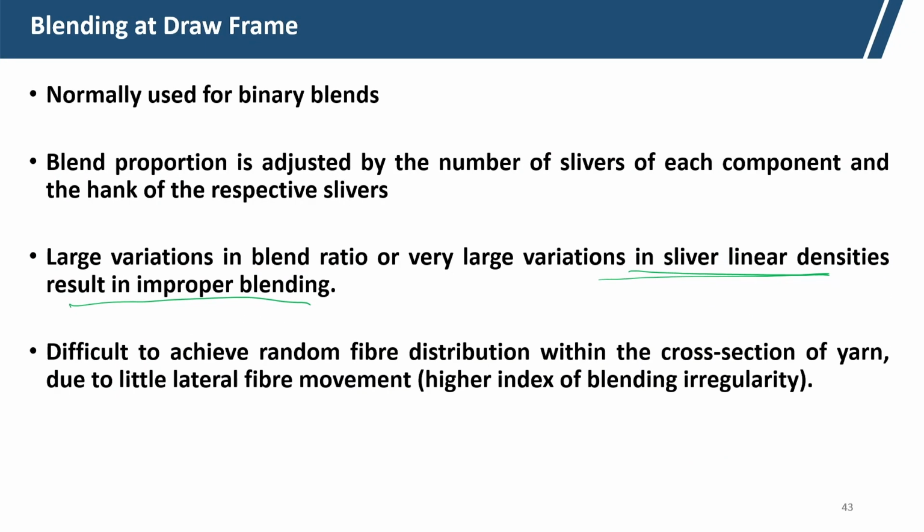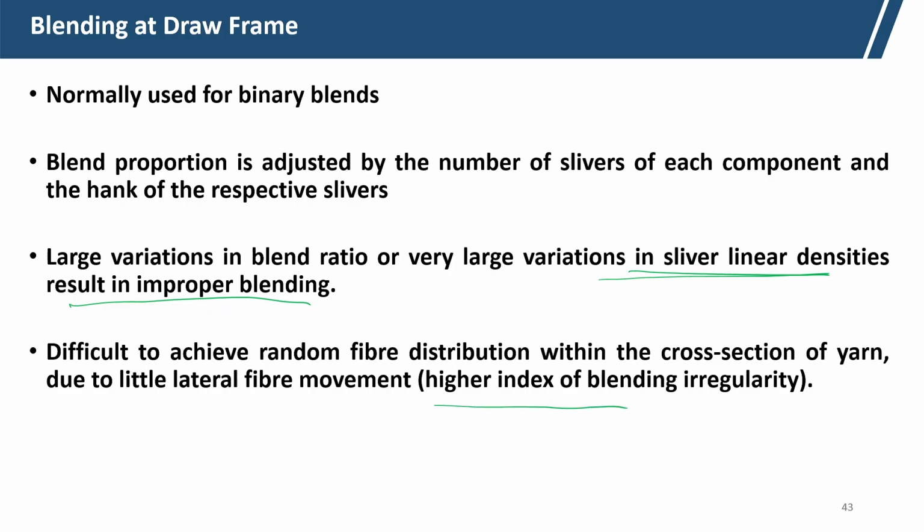It is difficult to achieve random fiber distribution, which is important, because after the draw frame there is no process which will give proper intimate fiber movement. So, a higher index of blending is not there.